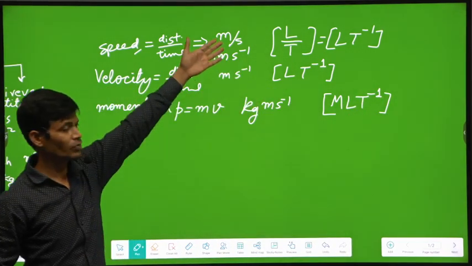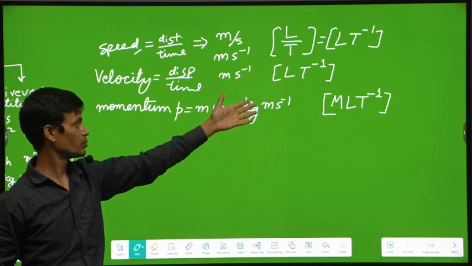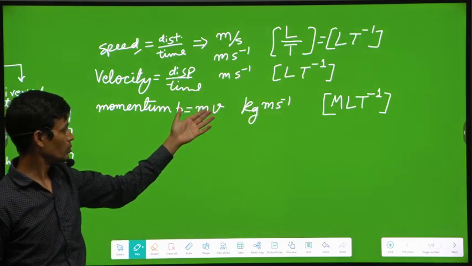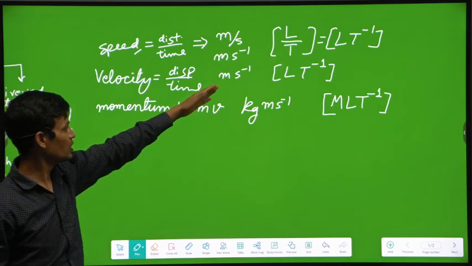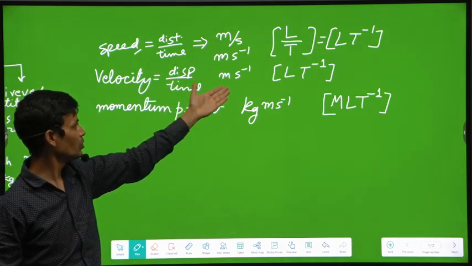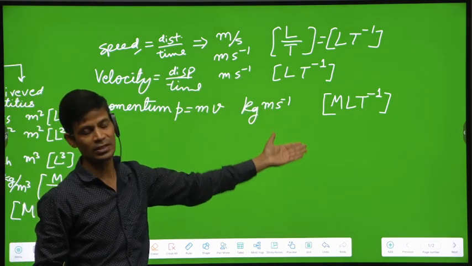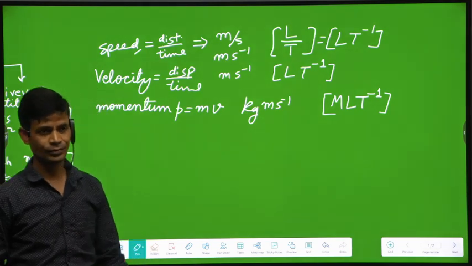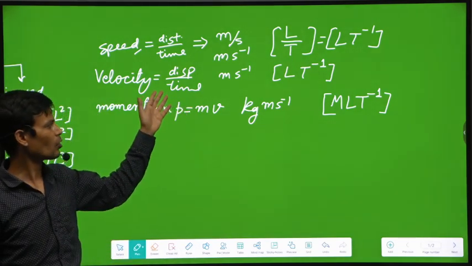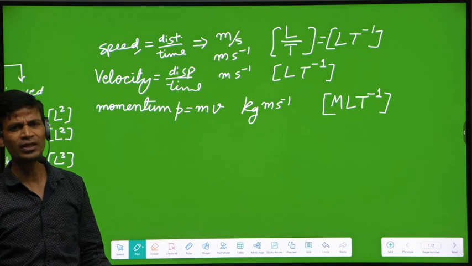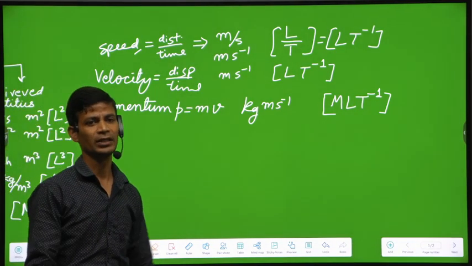So once you understand the concept of dimension, and you are able to find out the dimension of these common formulae, then you can easily find out the dimension of complicated terms also.